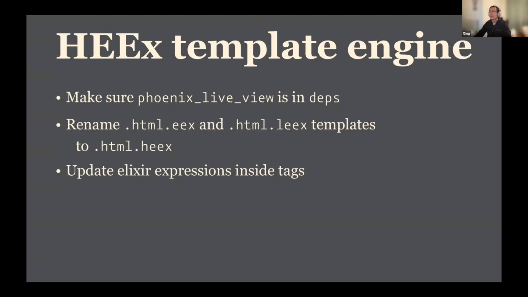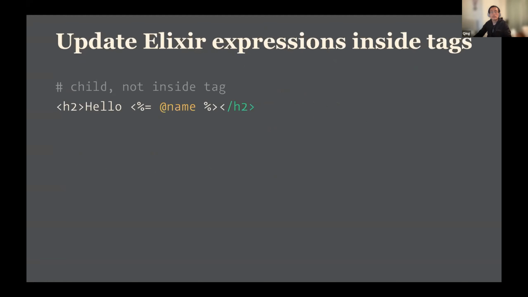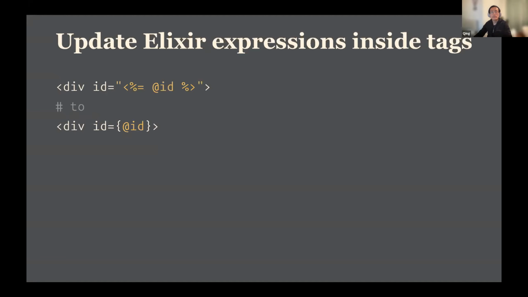Let's clarify what it means to be inside a tag. So in this example, the Elixir expression is a child of the H2 element, but that's not inside any tags. So we continue to use the current EEx expression like this without any changes. Whereas this one, the id, appears inside the div tag.